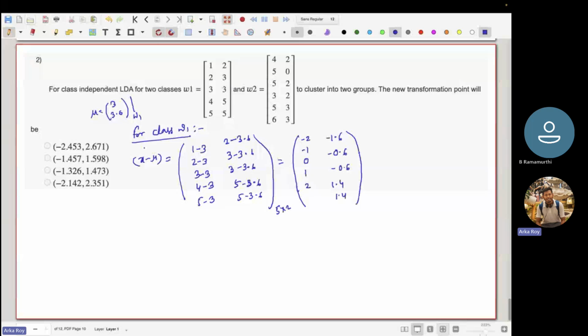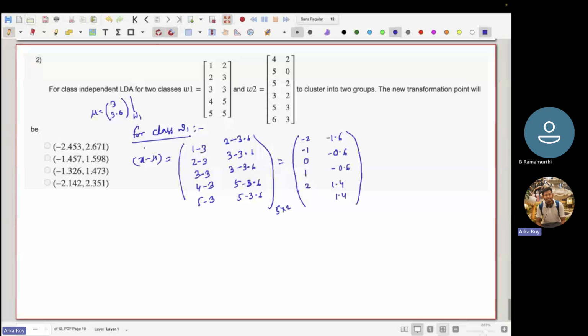Then multiply this with this vector, which is 1.6, 2, minus 0.6, minus 1, 0, 1.4, 2.8.